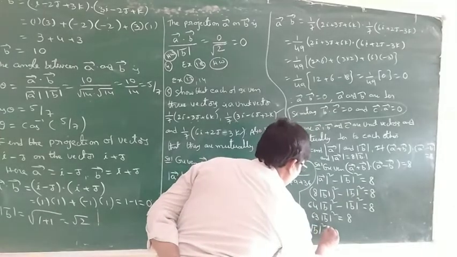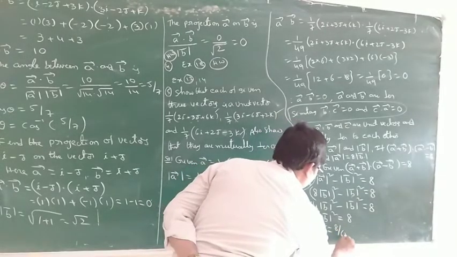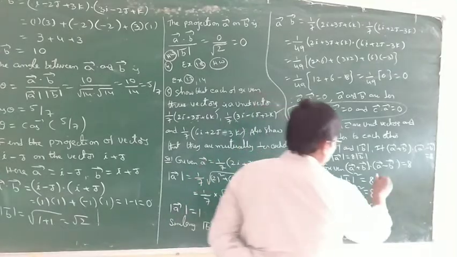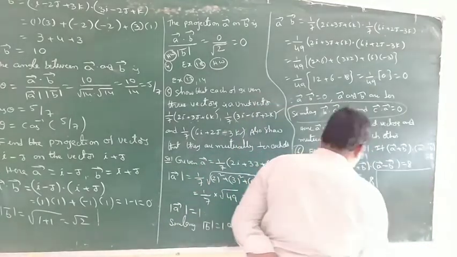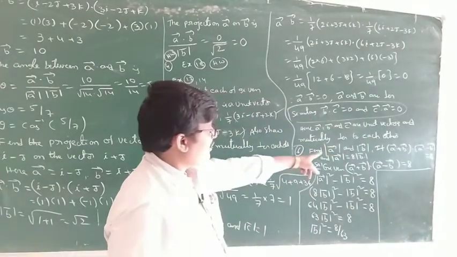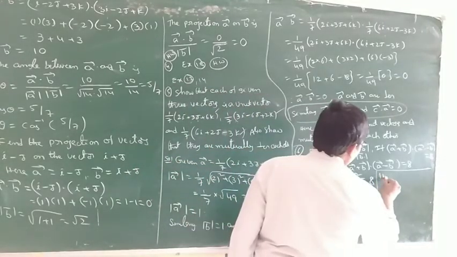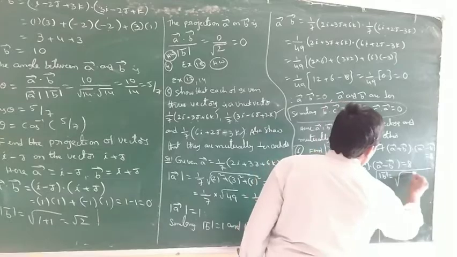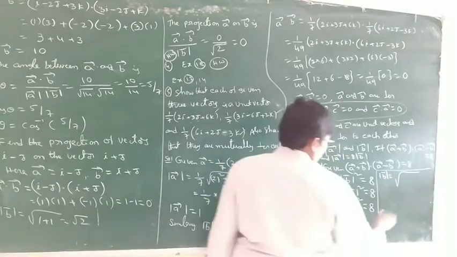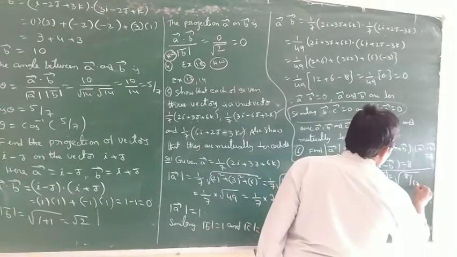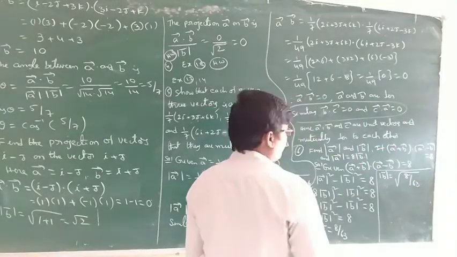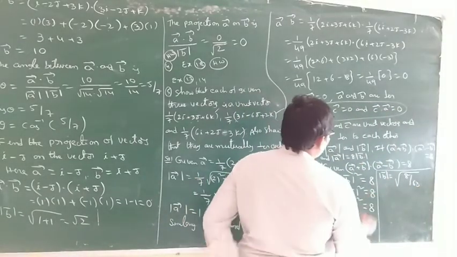Mod b bar whole square is equal to 8 by 63. We want mod b bar only, so mod b bar is equal to square root of 8 by 63.